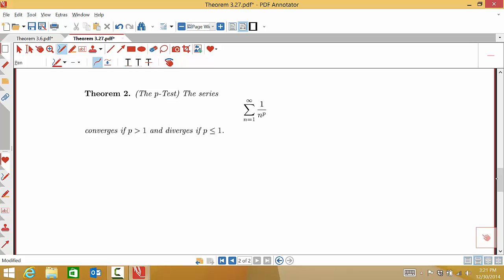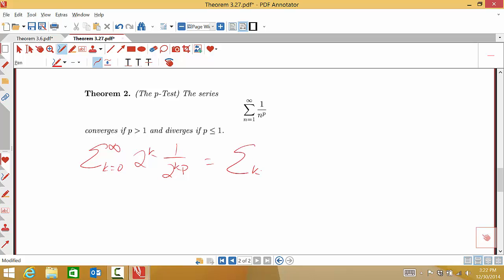So what we do is we look at, instead of this series 1 over n to the p, we're going to look at the Cauchy condensate series. Let's say sum k equals 0 to infinity, 2 to the k, 1 over 2 to the k to the p. Now the reason this is going to work out very nicely, we have some nice algebraic properties we can use here.